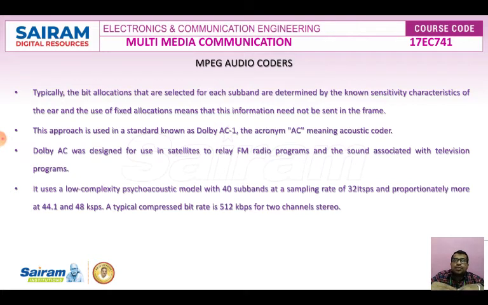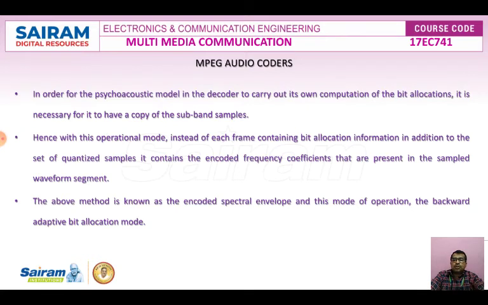A variation of this approach is to use a fixed bit allocation strategy for each subband, which is then used by both the encoder and decoder. Typically the bit allocations selected for each subband are determined by known sensitivity characteristics of the ear and use the fixed allocation, that means this information need not be sent in the frame.